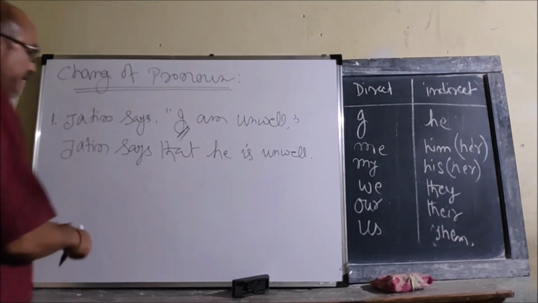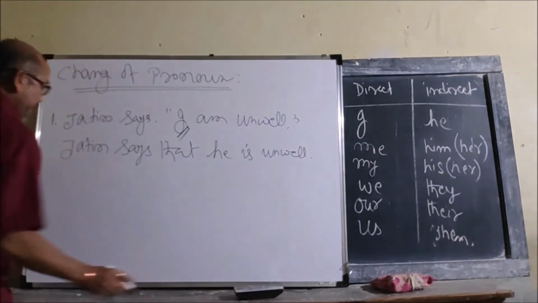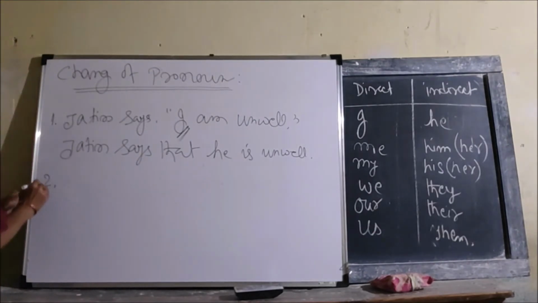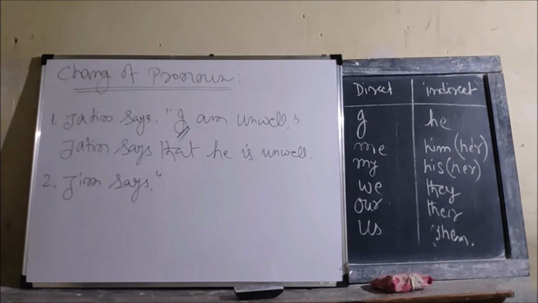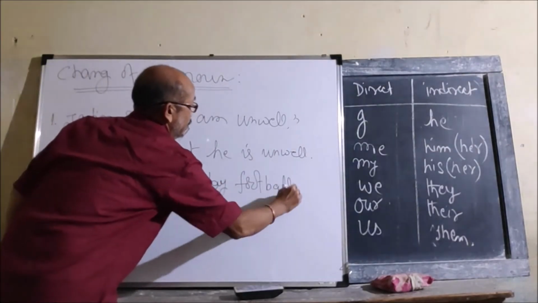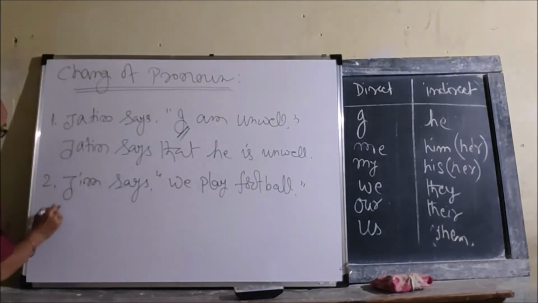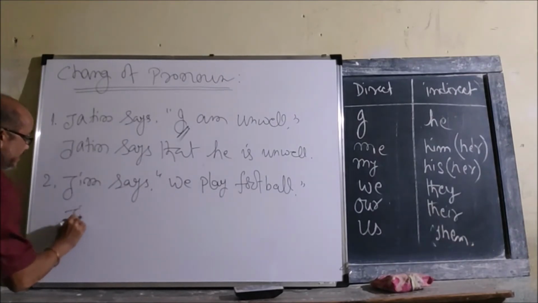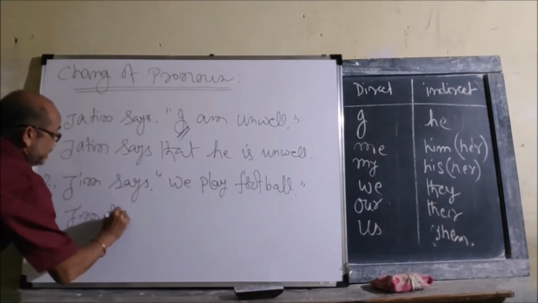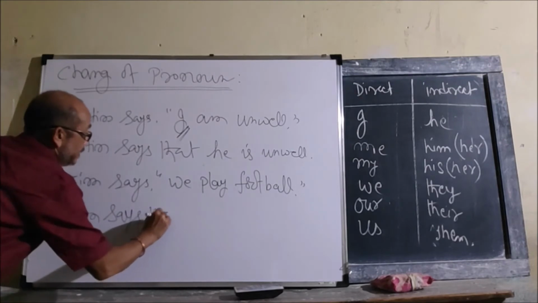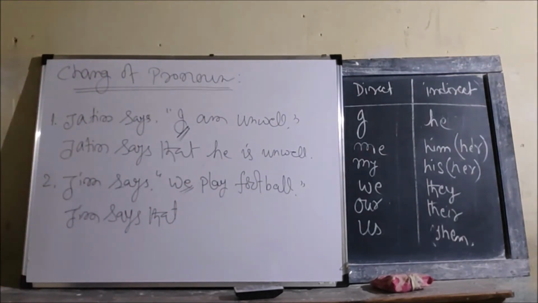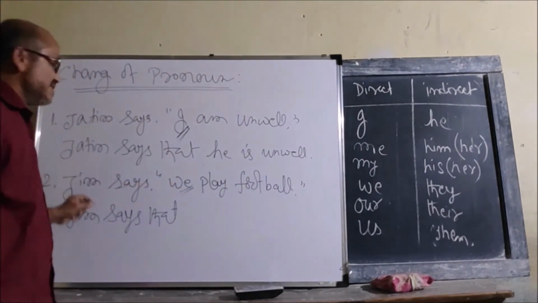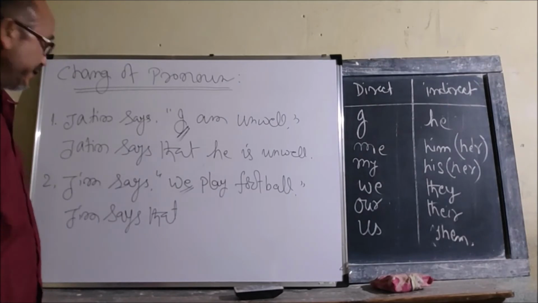Then another sentence, number 2. Here, in the narration, Jim says that, who is the first person? This we refers to the subject of the reporting verb.